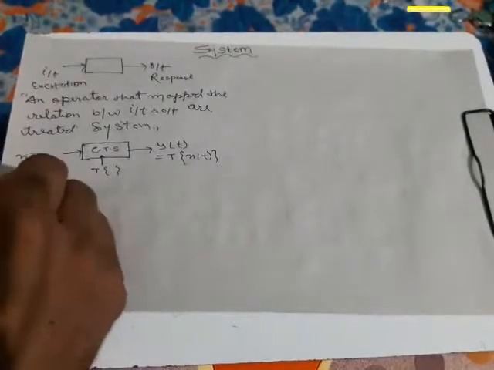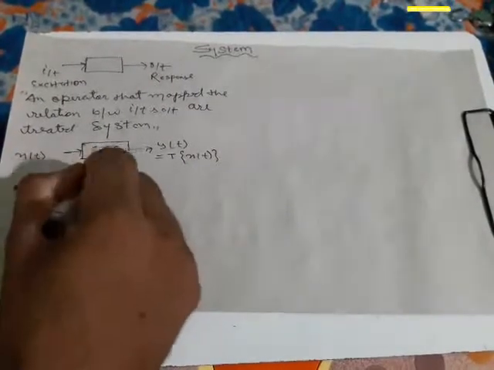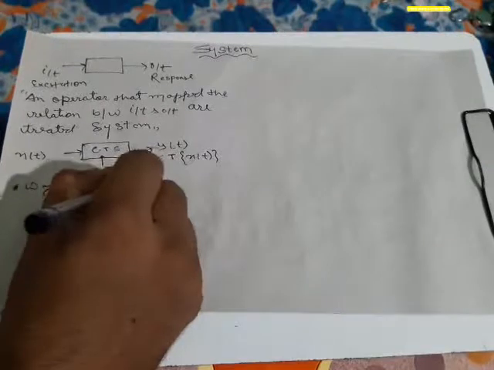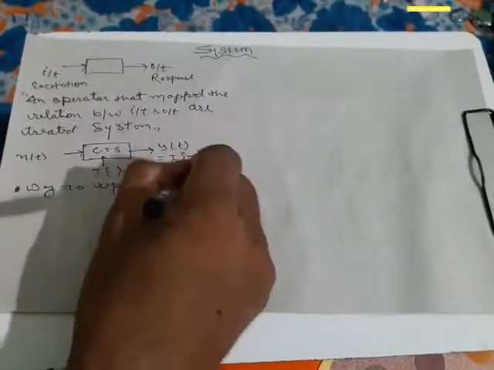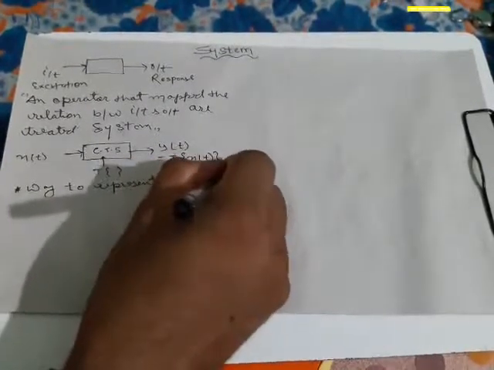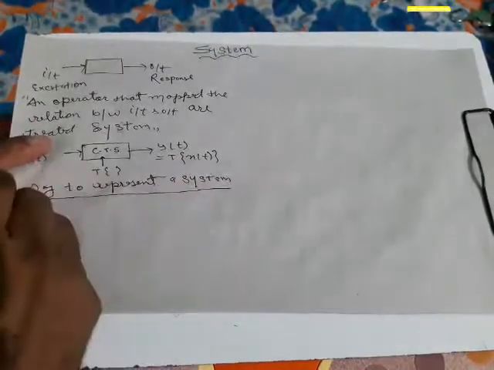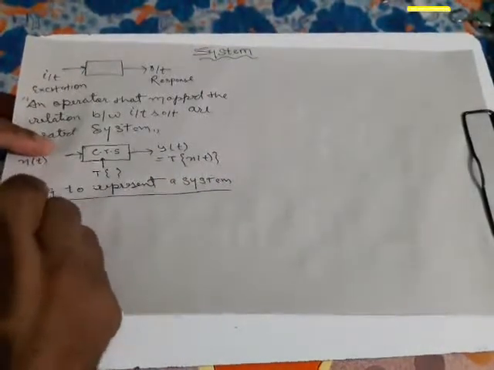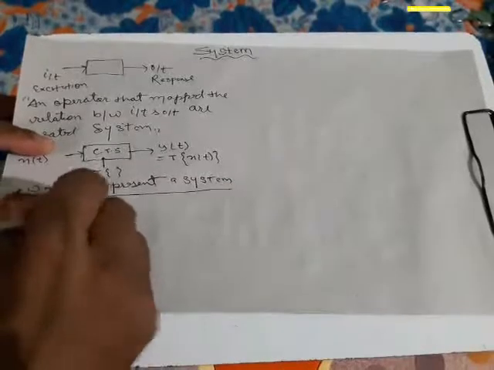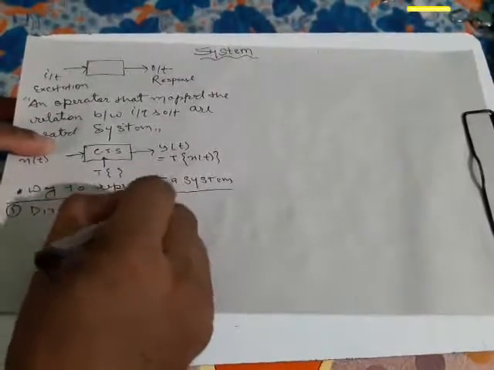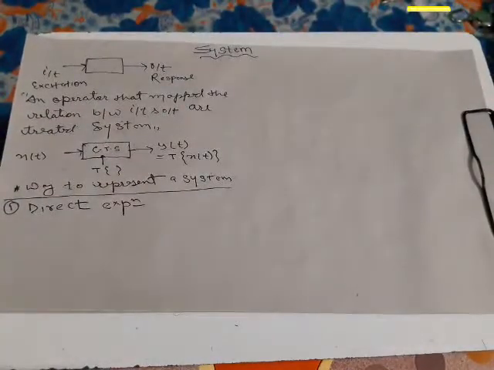We can represent it by a differential equation, in a transfer model, in an impulse response, as well as with state space like a matrix, where we find the values of A, B, C, D as parameters.